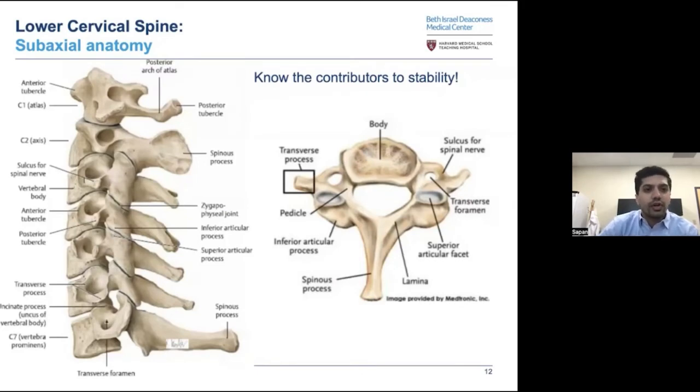So the lower cervical spine, like I mentioned before, acts all similarly. If we look at C2, everything from C2 downwards is pretty uniform with small changes. This is a cross section of a cervical spinal segment.